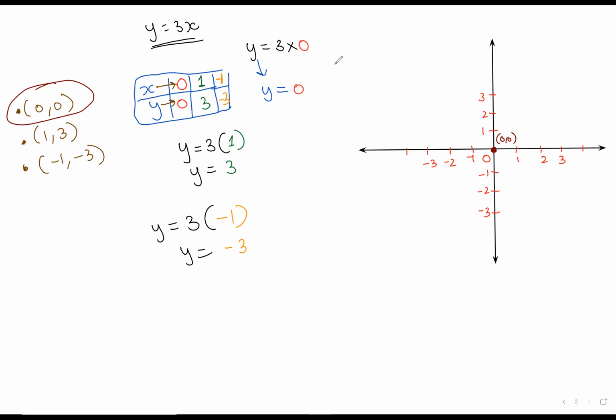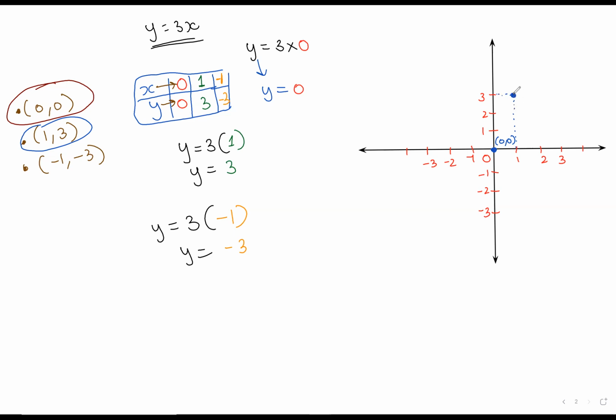Let me take a better color to distinguish. So this is my 0 comma 0. What is the second point? 1 comma 3. The x coordinate is 1, so 1 is over here and y is equal to 3 is over here.